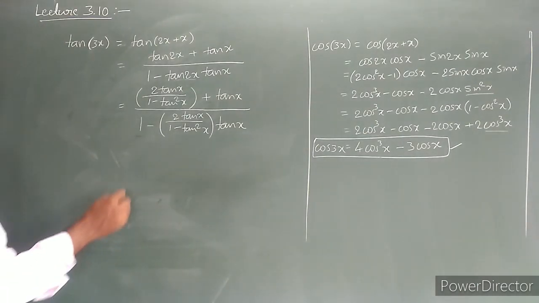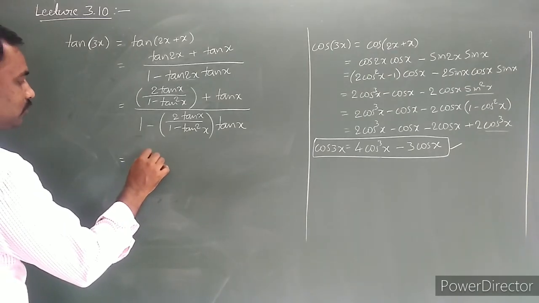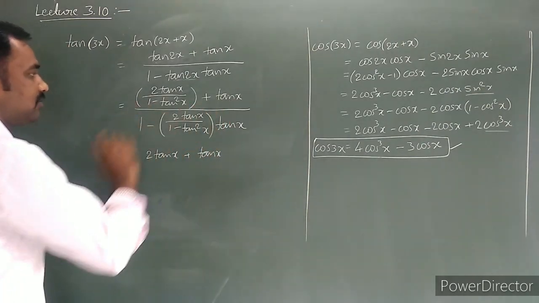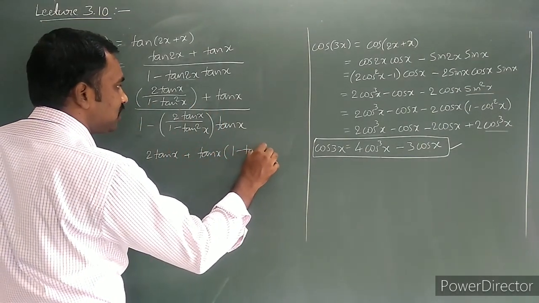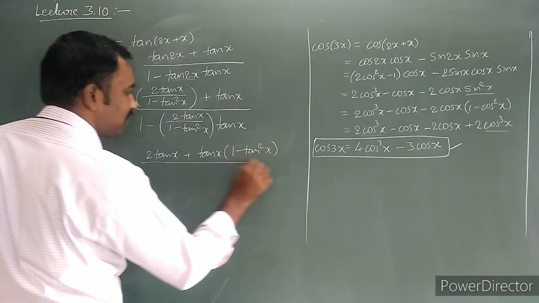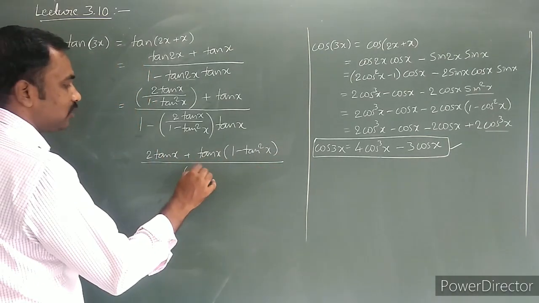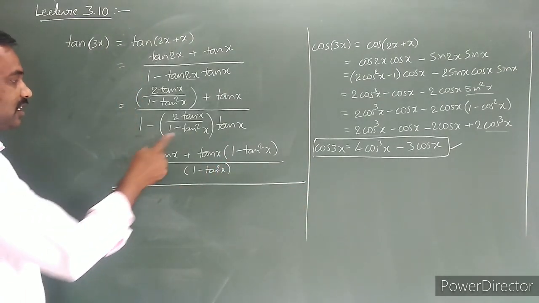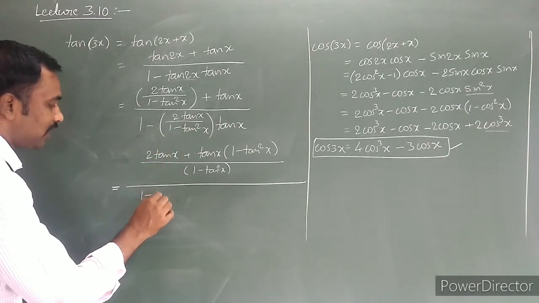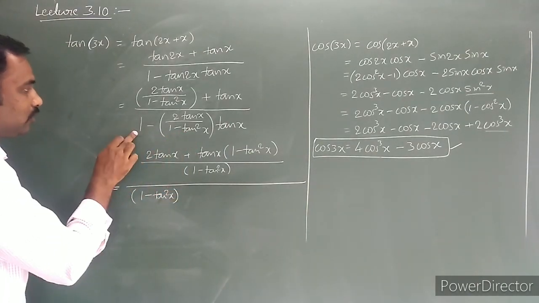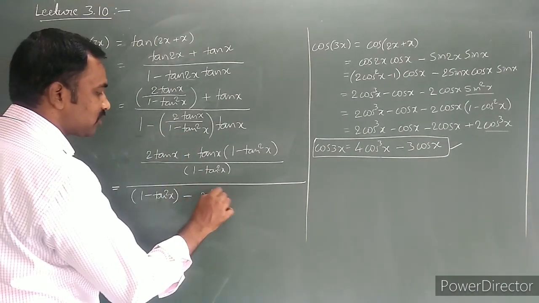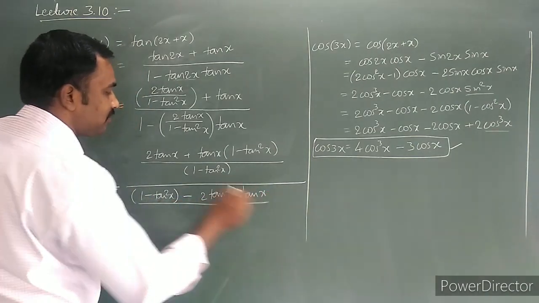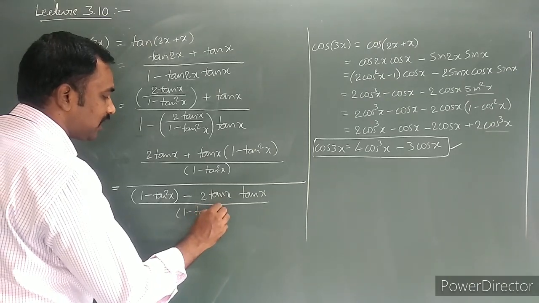So the numerator is 2 tan x plus tan x into 1 minus tan square x, whole thing divided by 1 minus tan square x. The denominator is 1 minus tan square x into 1 minus 2 tan x into tan x, divided by 1 minus tan square x.